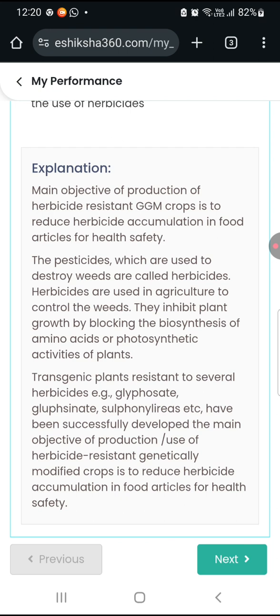The main objective of production or use of herbicide resistant genetically modified crops is to reduce herbicide accumulation in food articles for health safety.